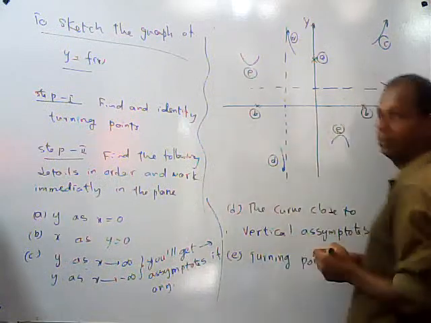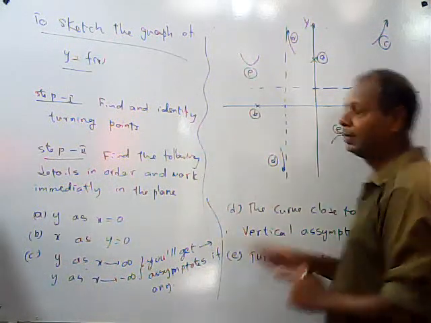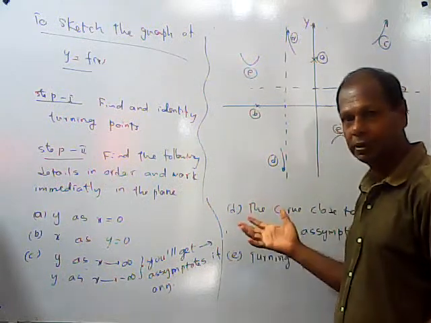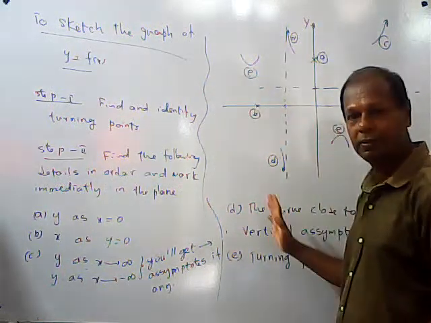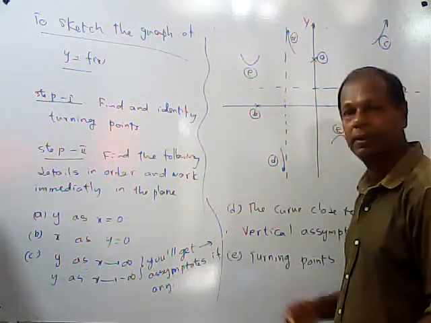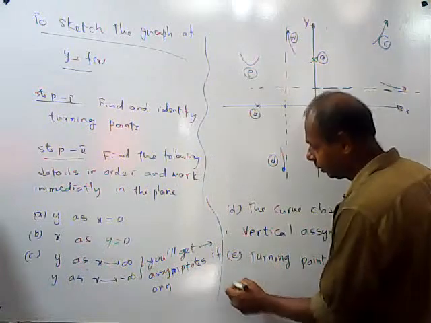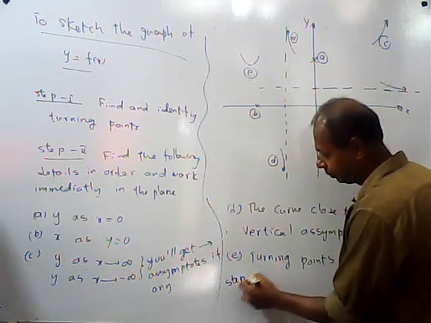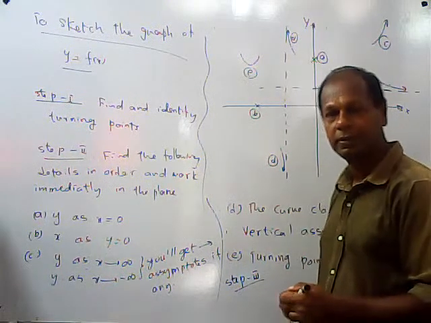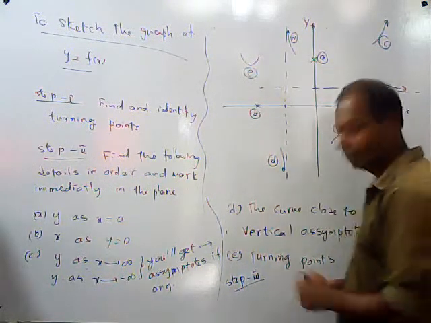So you mark turning points. That's all we need: these are the details, the information that we need to sketch a curve. Once you mark all these, the final step, step 3, is to complete the graph satisfying all these things you have marked.